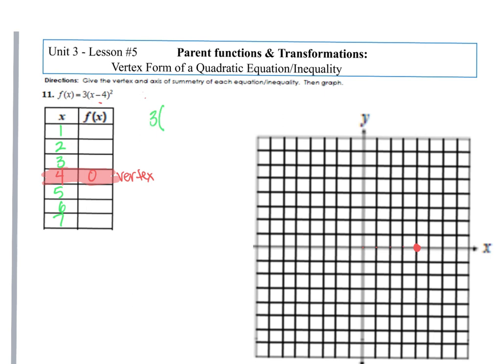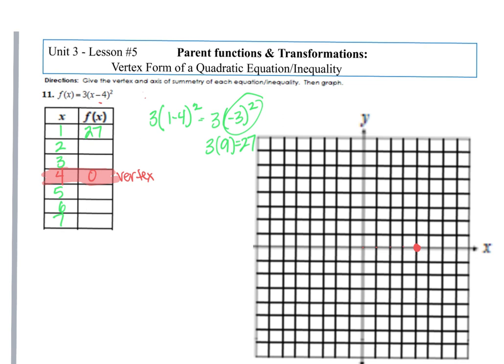We have 3 times (1 minus 4), all being squared. Again, a lot of calculator work. If you're working it out by hand, that would be 3 times (-3) in parentheses squared. Order of operations, we would have 3 times +9, which equals 27. If you don't believe me, type it into your calculator. So when x is 1, y is 27.